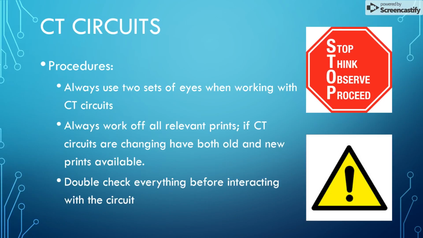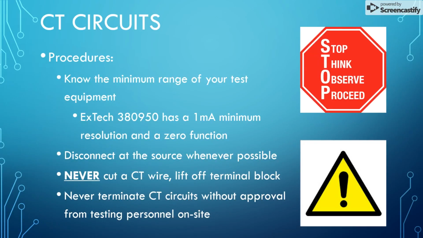Don't assume that just because you have new prints, everything is going to stay the way it was. When you're lifting a wire to make that change, make sure you are seeing the full picture. Double check everything before interacting with that circuit. You don't want to make a mistake and then realize after the fact that something wasn't what you thought.